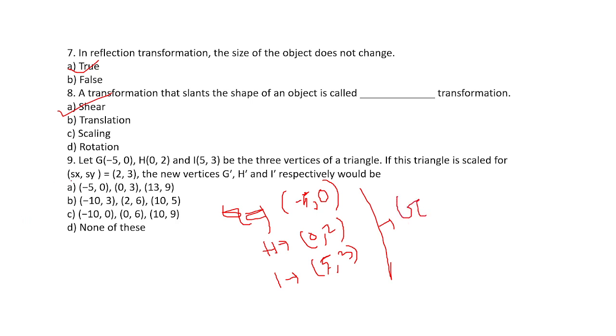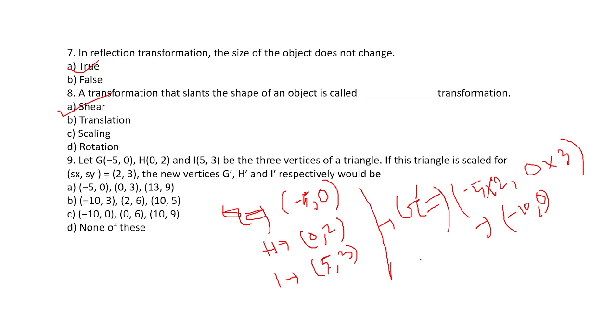So if we use the scaling factors Sx and Sy as 2 comma 3, then we'll get G dash as the vertex minus 5 times the scaling factor Sx, comma 0 times 3, that is minus 10 comma 0.